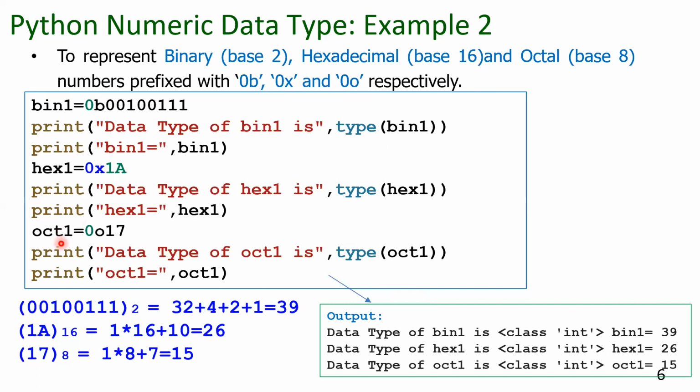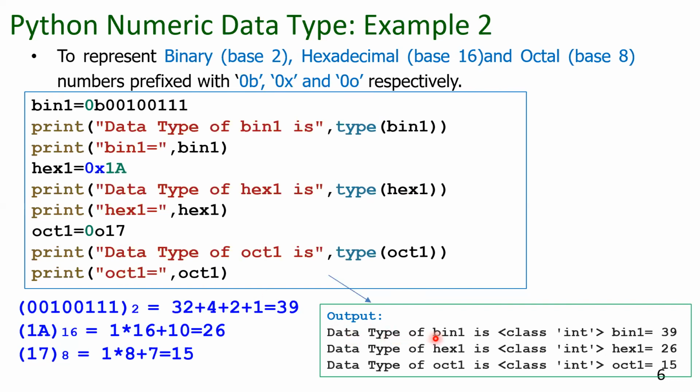Similarly, another variable oct1 is assigned the octal value 17 by prefixing the value 17 with 0o. Now we print the data type of bin1, hex1 and oct1 by using the corresponding type functions, and also print the values of bin1, hex1 and oct1 by using the respective print statements.